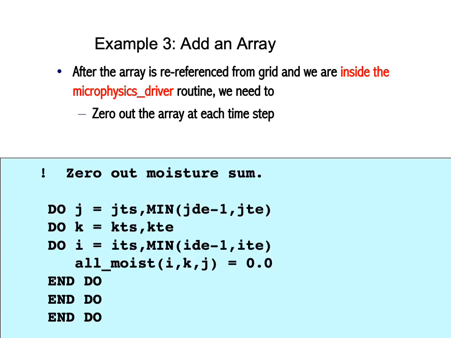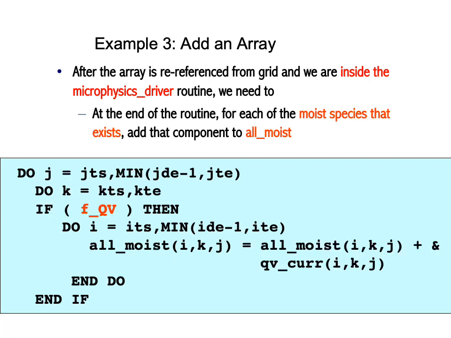We can initialize this variable to 0 at the initial time of the model forecast. All of the 1D, 2D, 3D arrays and the scalar constants that are inside of grid are set to 0. There are a number of flags that go into the microphysics driver.